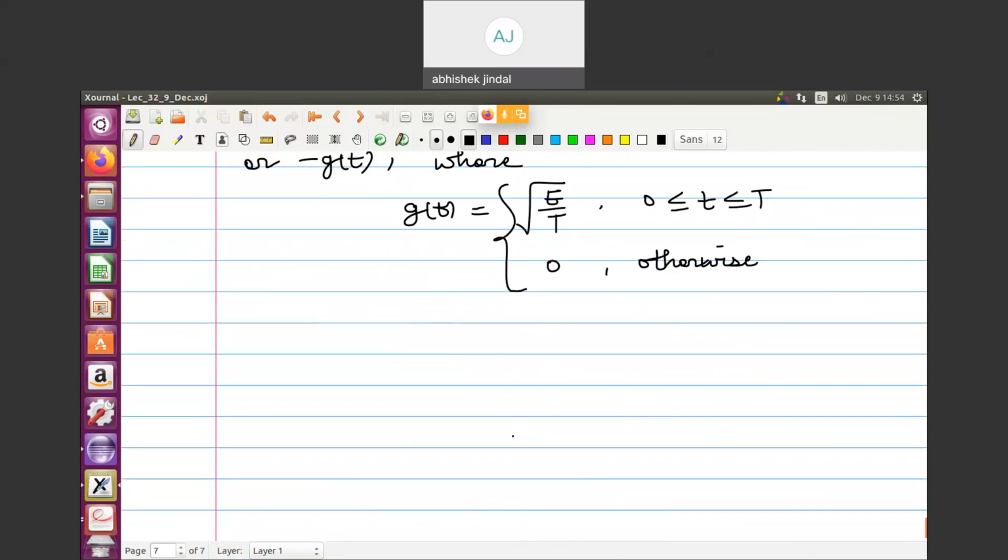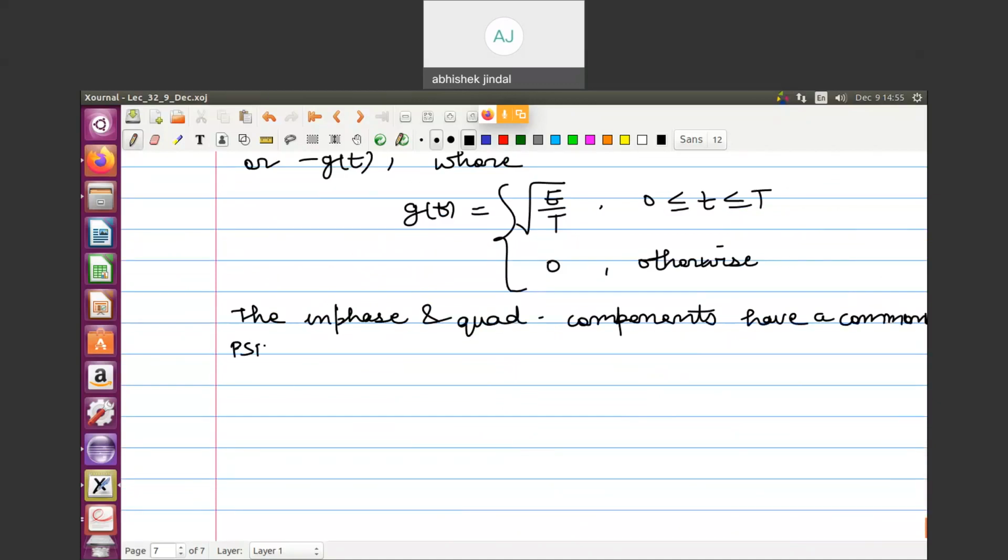Now, both the in phase and quadrature components have a common PSD, namely E times sinc square T into f.